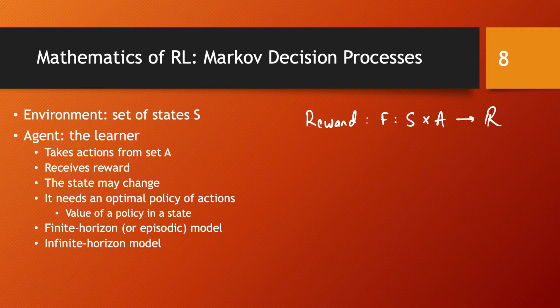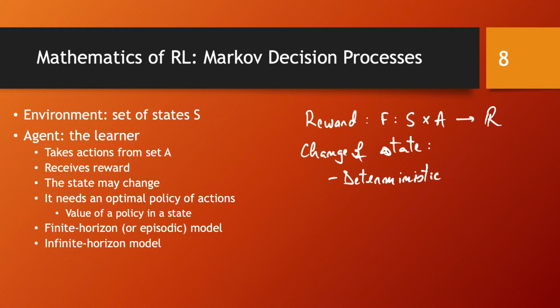As a result of this action it took, there will also be a change of state. And there are different ways to see this change of state. On one hand, you can have the deterministic change of state, and that means that this is predefined.